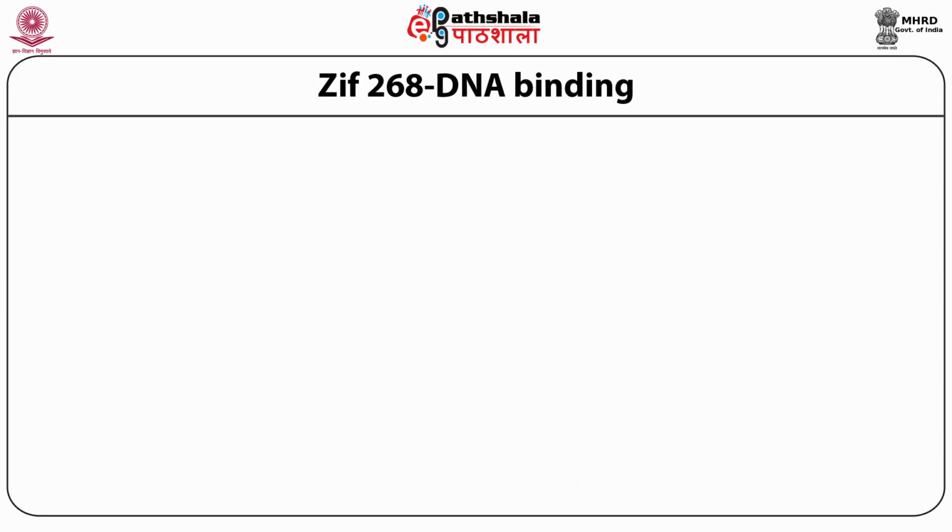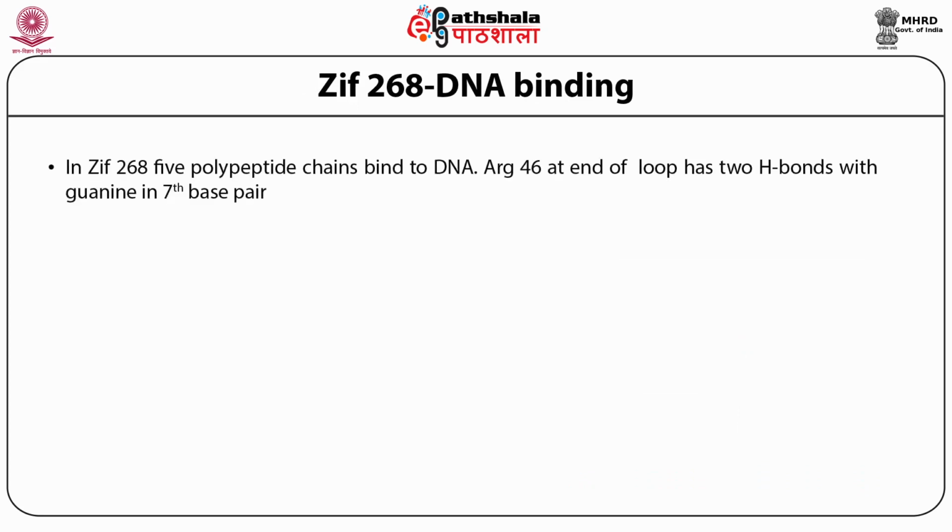ZIF268 DNA binding. In ZIF268, 5 polypeptide chains bind to DNA. Arginine 46 at the end of the loop has 2 H bonds with guanine in the 7th base pair. Histidine 49 forms an H bond with guanine of base pair 6.